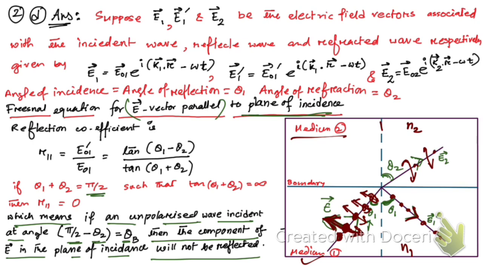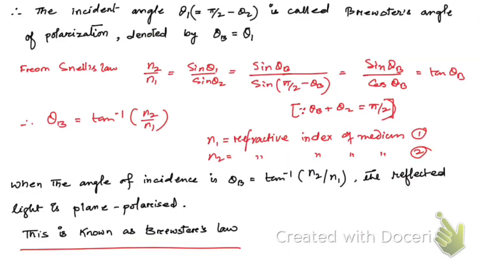It is partially polarized. This is partially polarized and this is plane polarized. So here the incident angle theta 1, for which theta 1 is equal to pi by 2 minus theta 2, is called Brewster's angle, or angle of polarization, denoted by theta b, right?